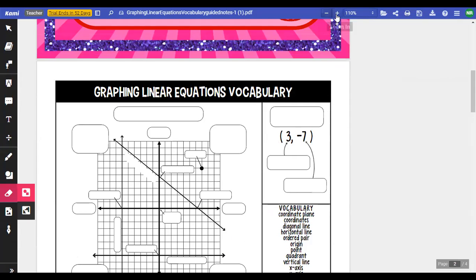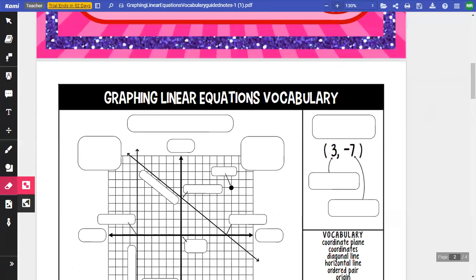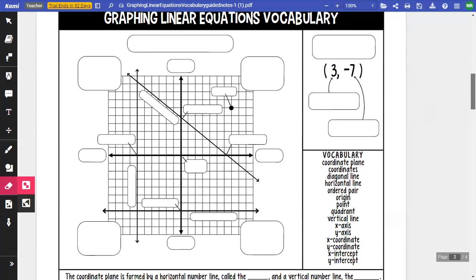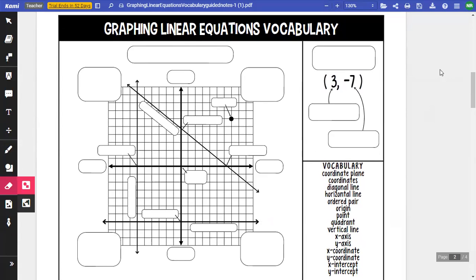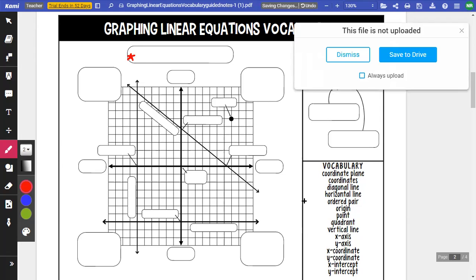Okay, I'm going to zoom in a little bit. Hopefully I can see everything. There we go. Now, when you have the whole graph, or everything here that you see is part of a coordinate plane. And if you're just wondering how to spell anything, I'm grabbing the vocabulary words from over here, okay?